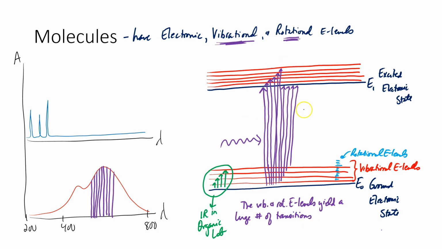You see all of them here that are close in energy, and therefore they appear as a band. So I hope that explains why atoms exhibit sharp lines and molecules exhibit these broader bands in their electronic absorbance spectrum. I've got one more thing I need to tell you about this topic.